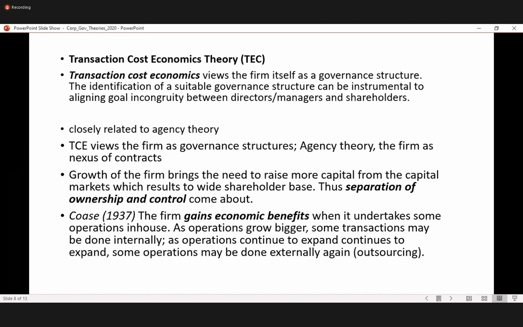Now this gentleman, I don't know how to pronounce his name, Coase. The firm, according to him, following this idea of the firm growing bigger and bigger for different reasons, technological advances, benefiting from economy of scale, becoming a monopoly, whatever the reason, gains economic benefits while growing when it undertakes some operations within the company in-house.